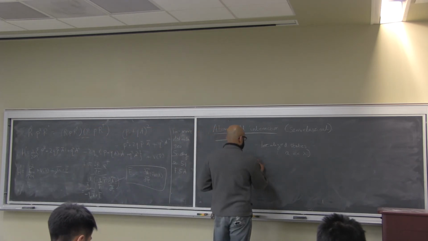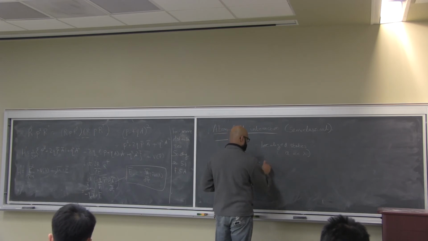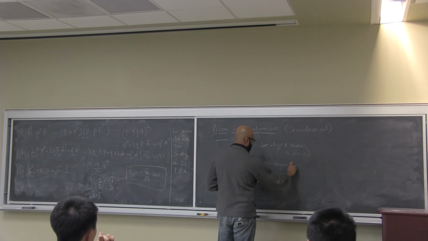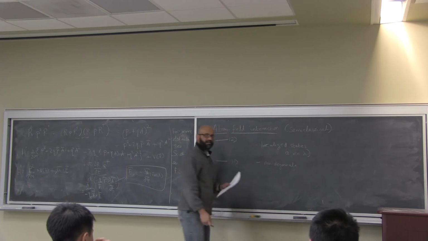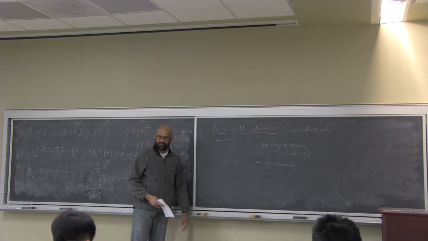Okay. And then we are also assuming that these ground and excited states are non-degenerate. So there are not more levels here. We'll come to multi-level systems later on, but right now we're just taking a two-level system.